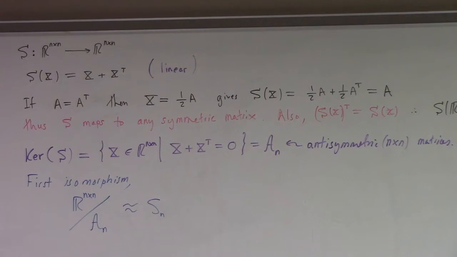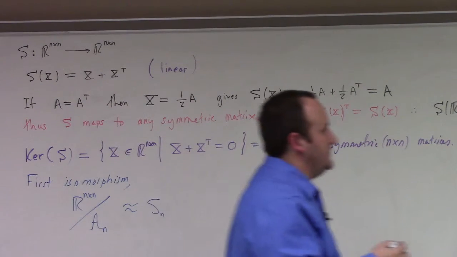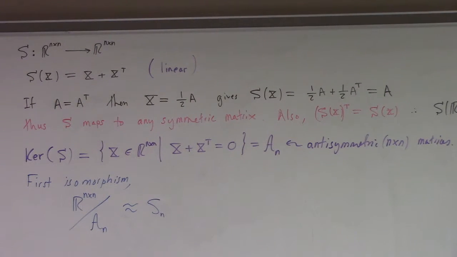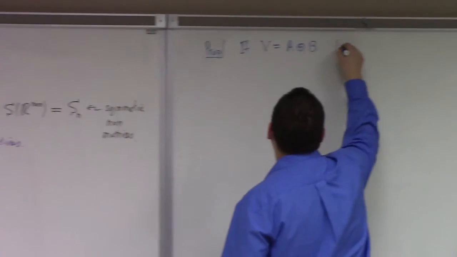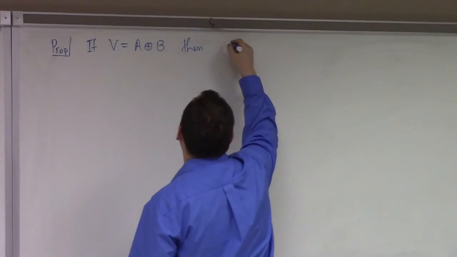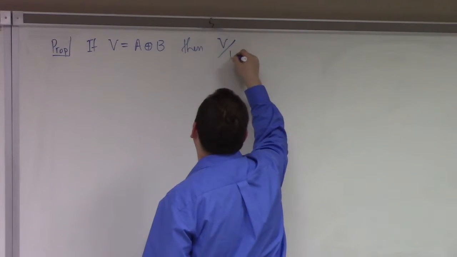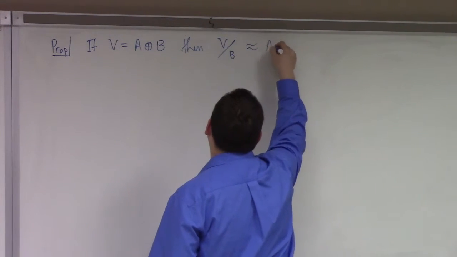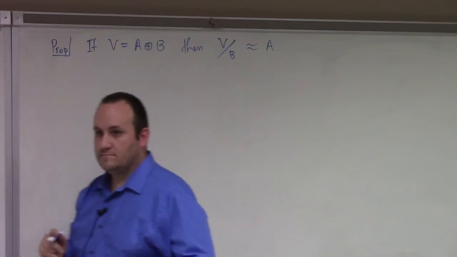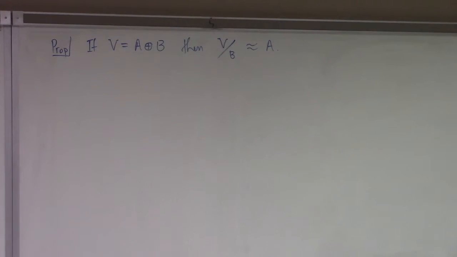Another example. Actually, first, before I get to the example, I need to tell you a little proposition. If V is the direct sum of two subspaces, say A and B, then V mod B is isomorphic to A. This kind of looks like the first example I did, but it's actually different.